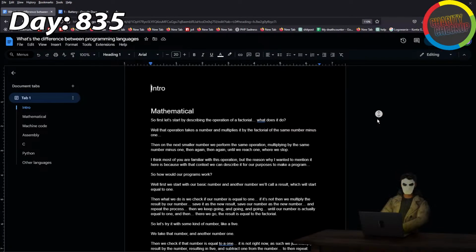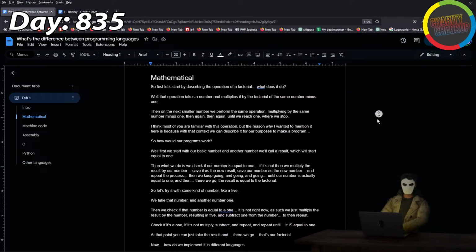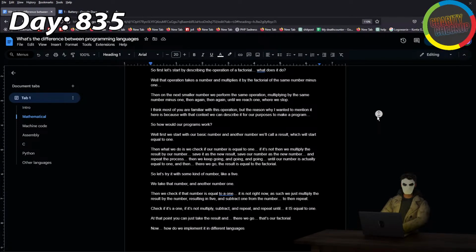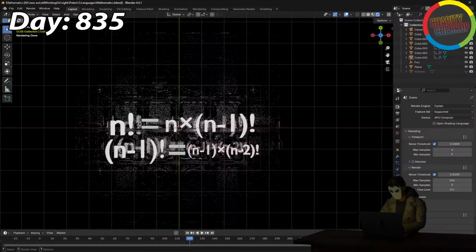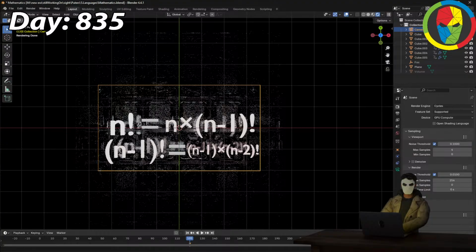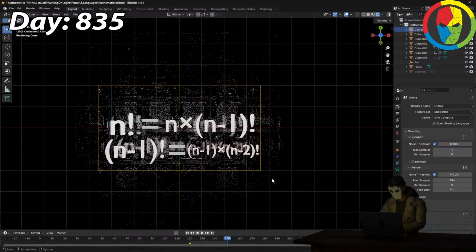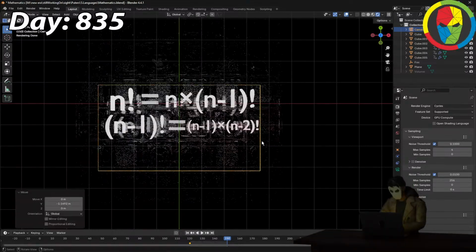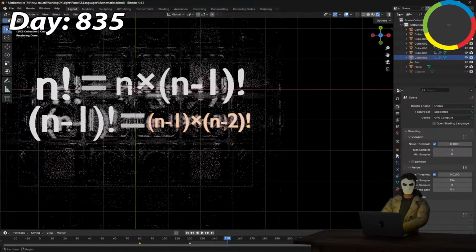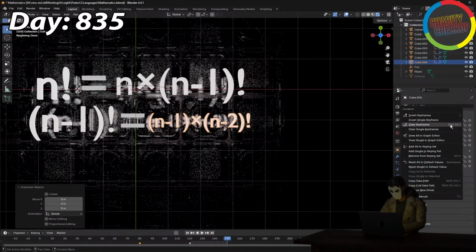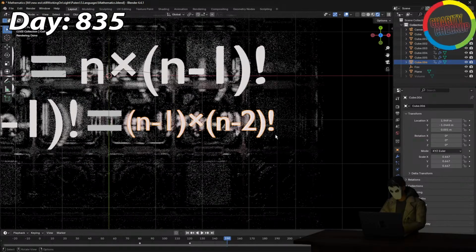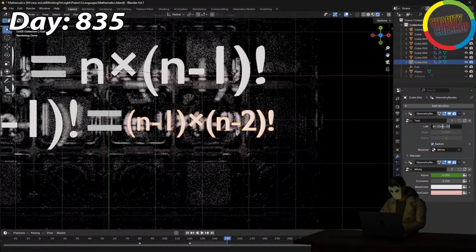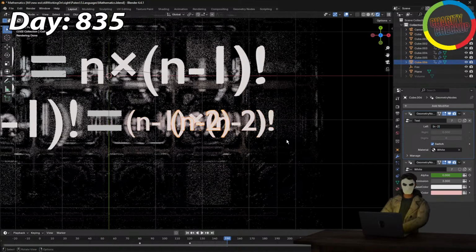What does it do? Well, n minus 1. Then on the next smaller number, we perform the same operation. So right here, we move this down like so, and then what we need is n-2.